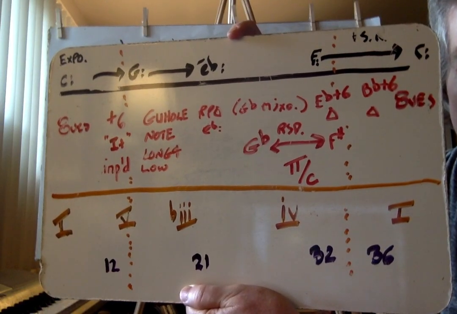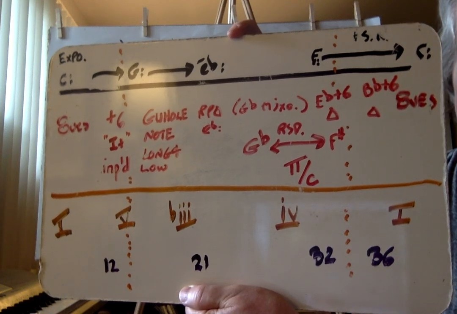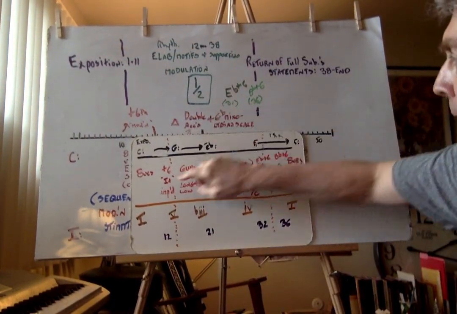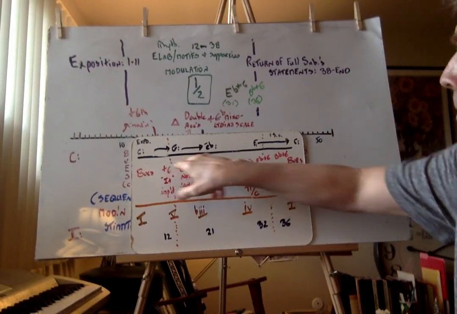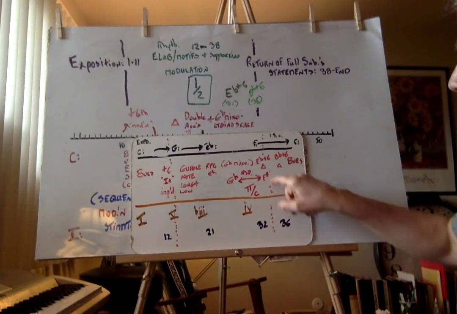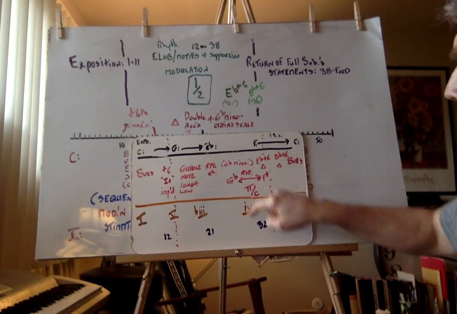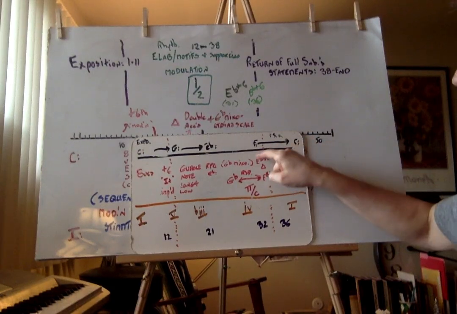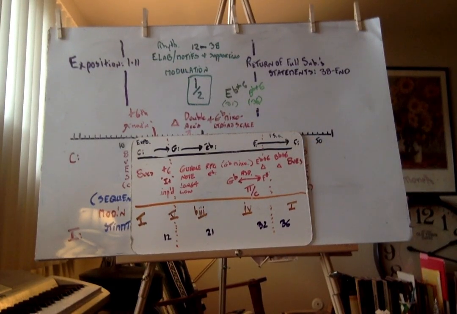This is a little structural sketch of what happens in this particular fugue. We have the exposition, and then we move from G to E flat, and the emphasis on G flat in a foreign mode, and then back to F, those F octaves here, as well as the augmented sixth chords.